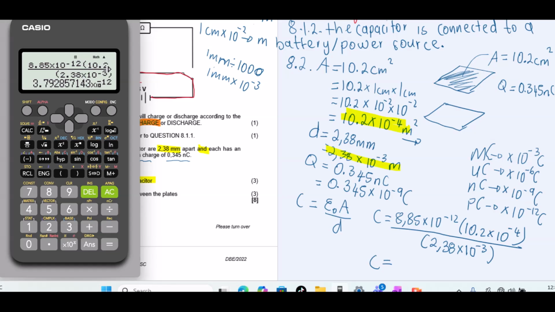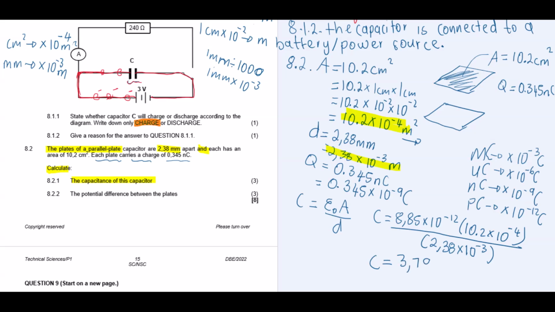If you punch that into the calculator, we're going to get 3.79.